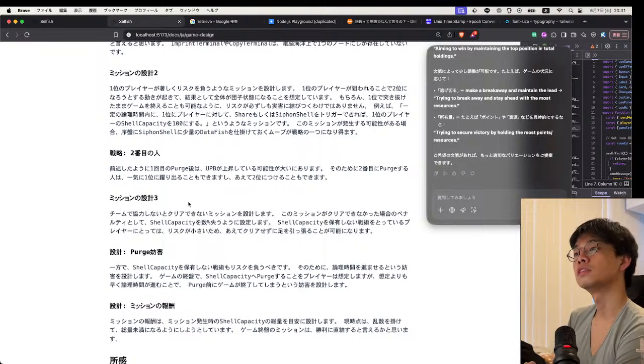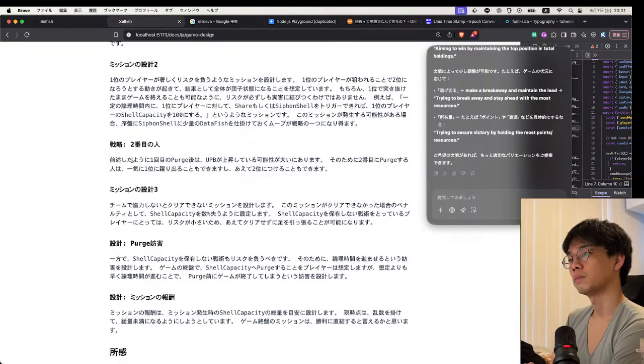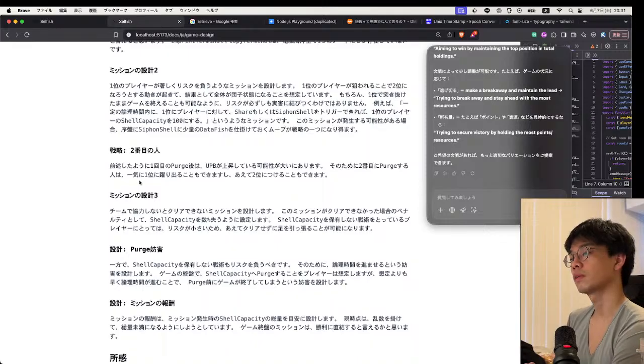And let me explain strategy. Aiming to be second. As I said, after the first patch, the UPB is likely to go up.